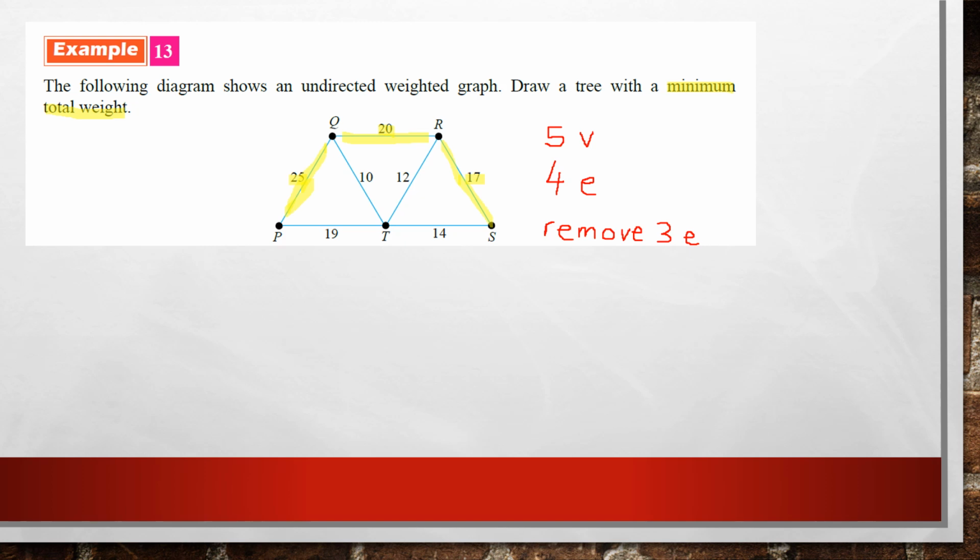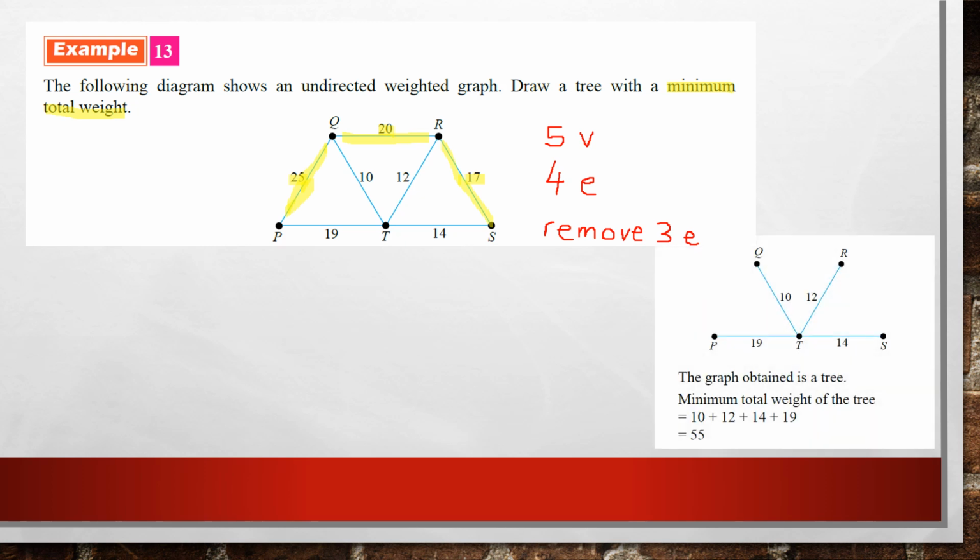So this is the graph given. PQ is already removed. The line that we remove is PQ, then we also remove QR.